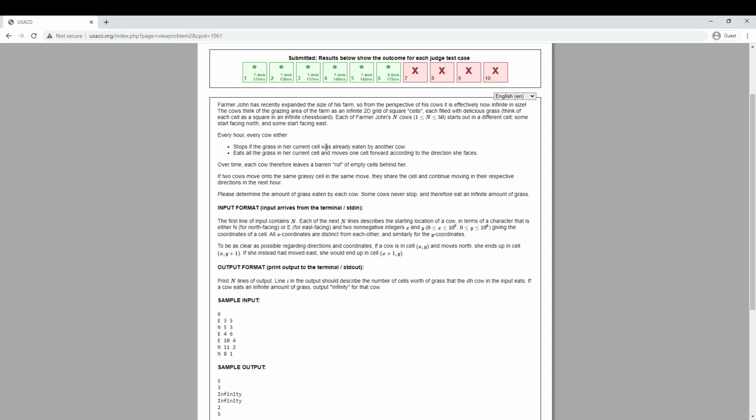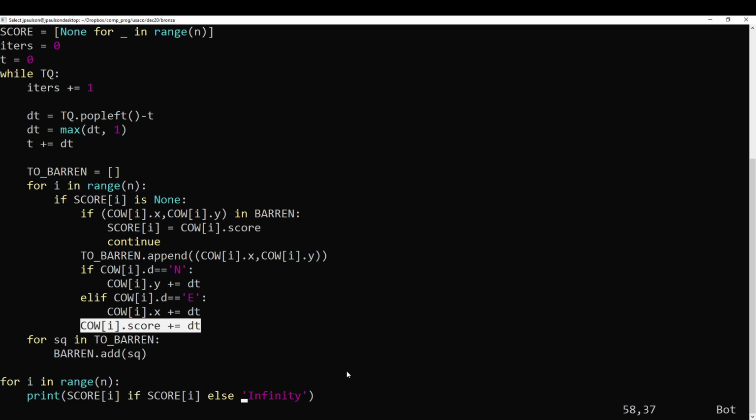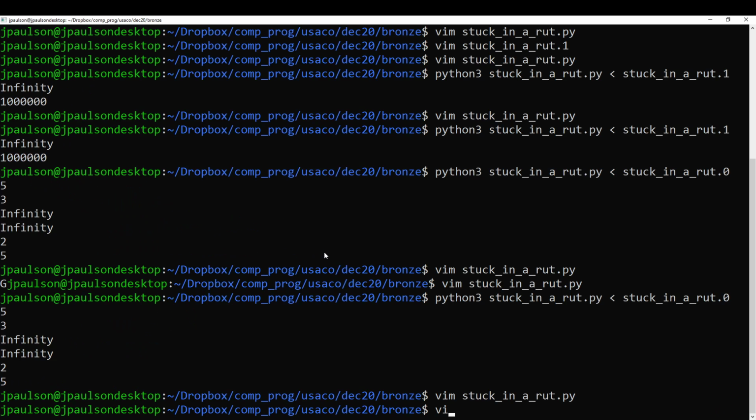It's already eaten, but you do get to eat the amount in your starting cell. And then mark down all the squares that got eaten. Oh yeah, this could actually make a difference if intersect someone's starting square.